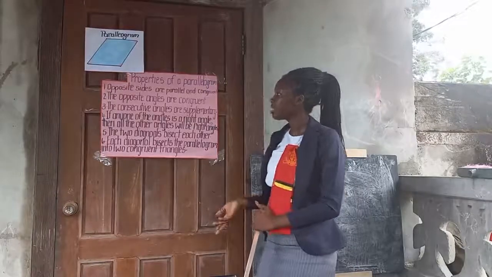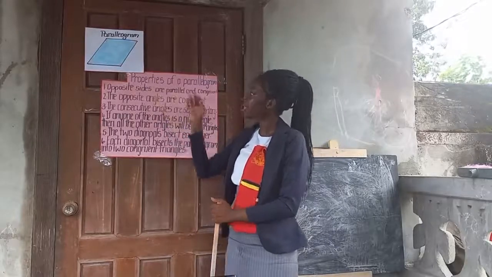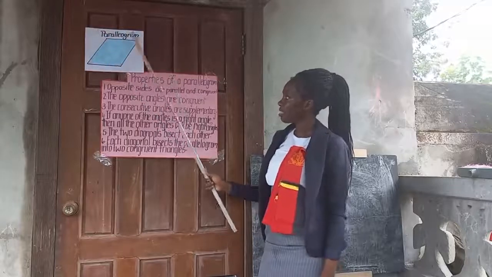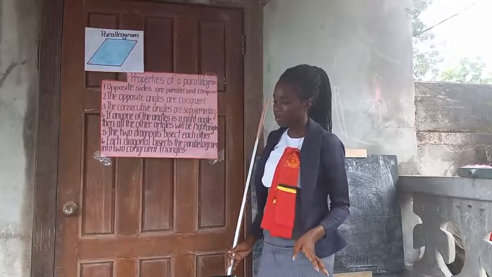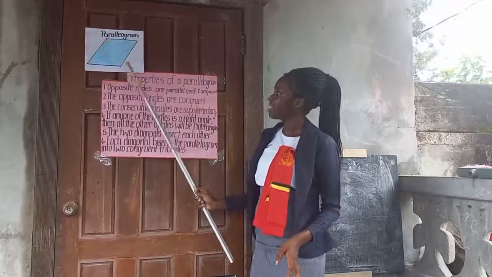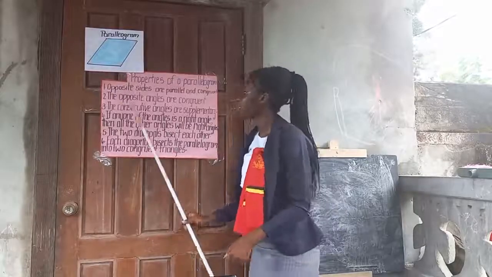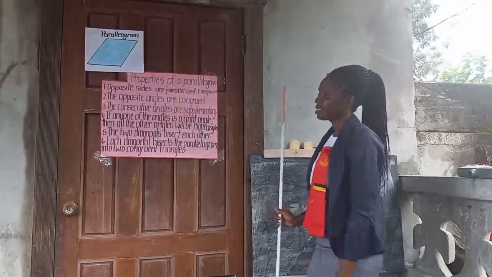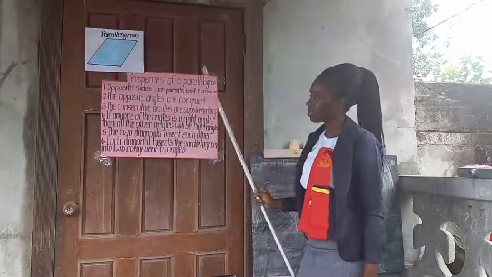It means that opposite sides are parallel and also congruent, meaning that they're equal. So whatever is this side is also this side. Do you understand that? Number 2, the opposite angles are congruent, meaning opposite angles are equal.